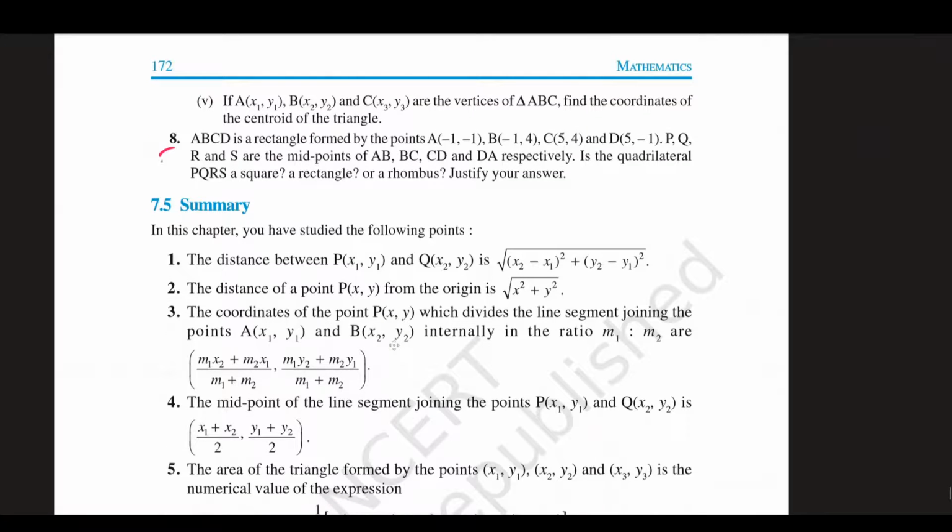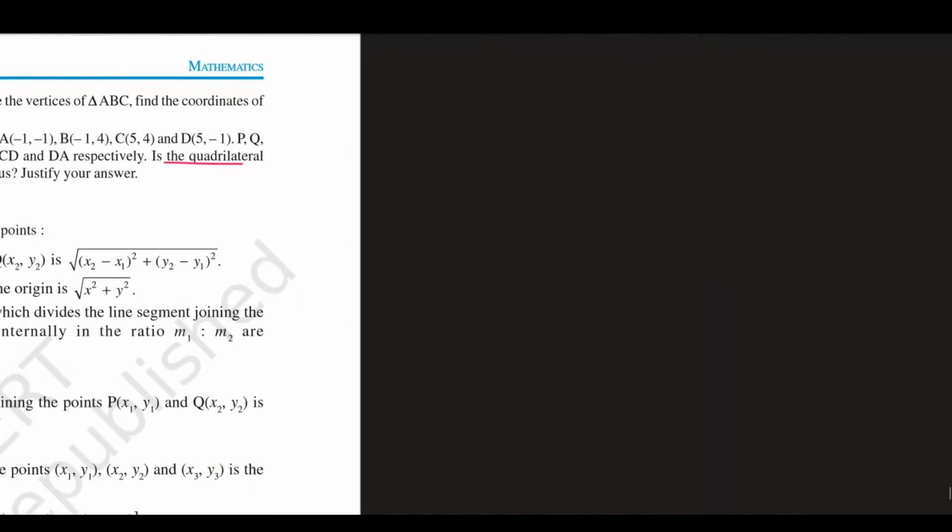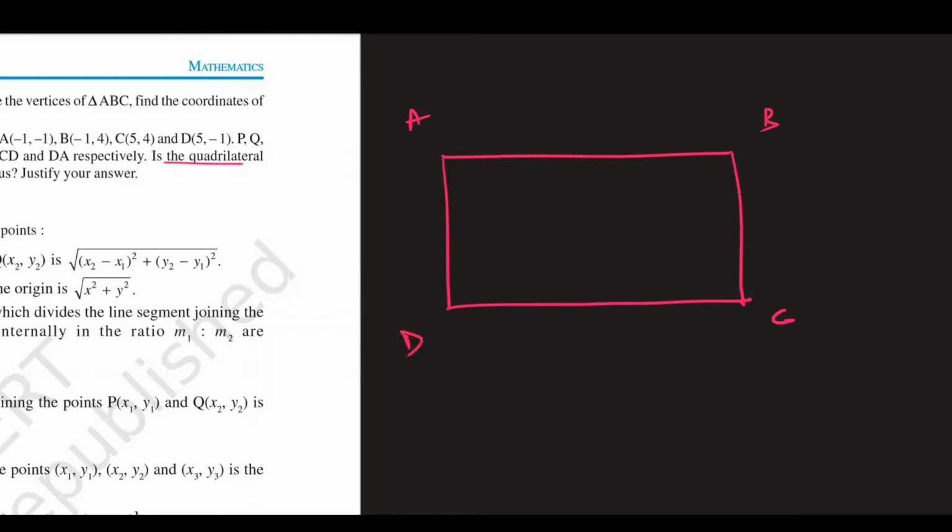So the eighth question is, ABCD is a rectangle formed by the quadrilateral. Okay, it is a good question, so let me do it. We are given that it is A, B, C and D. A is -1 comma -1, then -1 comma 4, 5 comma 4 and 5 comma -1.